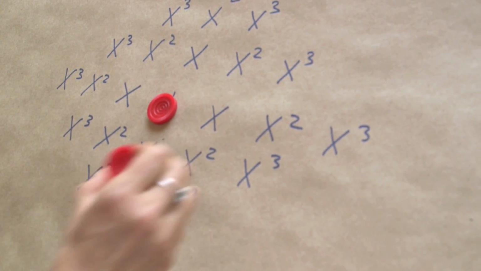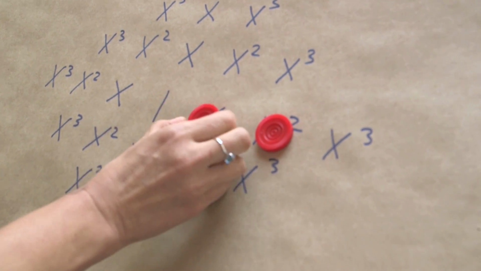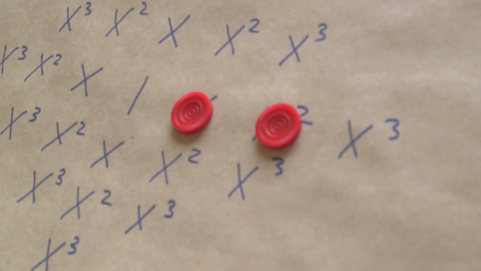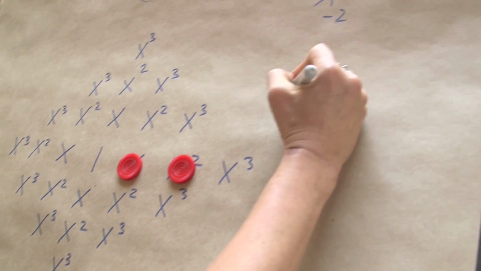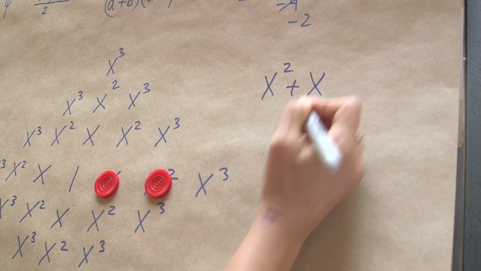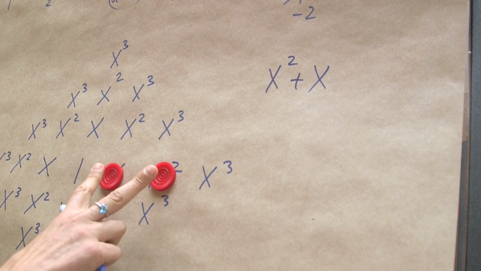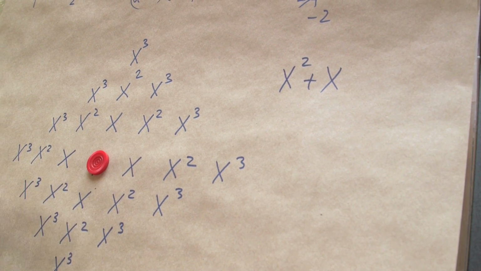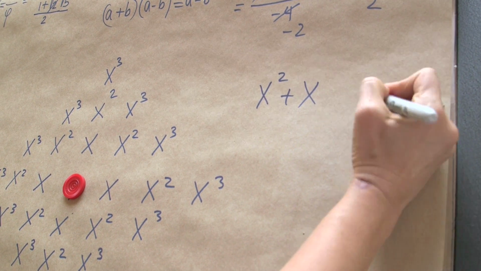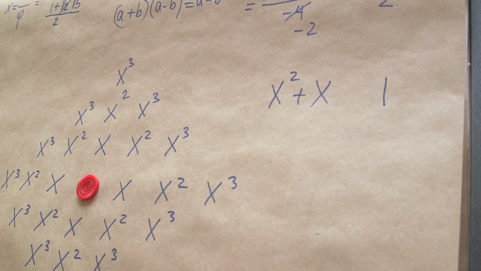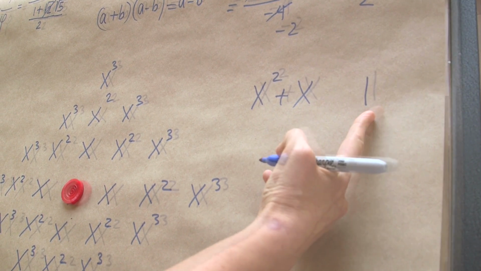Okay. So our original sum, x plus x squared, did it change? So we had x squared plus x occupied, but after the move, only 1 is occupied. Did this sum change? What do you think?